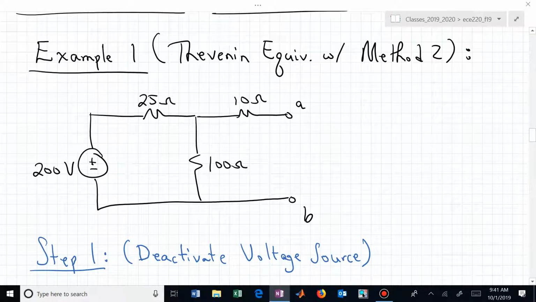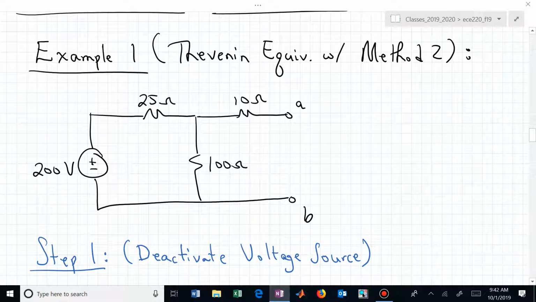When you're looking at these to find the Thevenin equivalent between terminals A and B, what you want to do is step back and say, okay, what is in this circuit? Is it simply resistors? Well, then I'm just going to find a resistor equivalent. Or do I have independent sources? Do I have dependent sources? What do I have? That's going to help inform your decision as to the strategy that you apply to find the Thevenin equivalent.